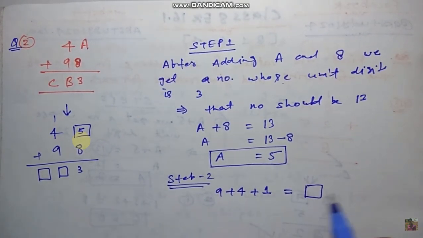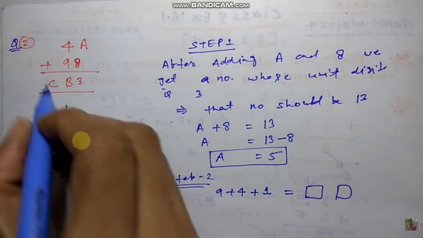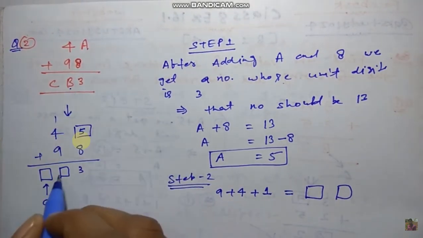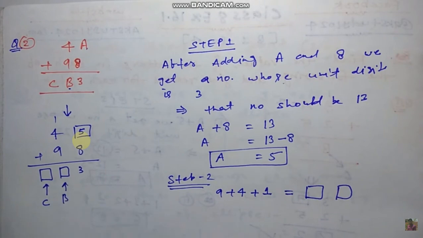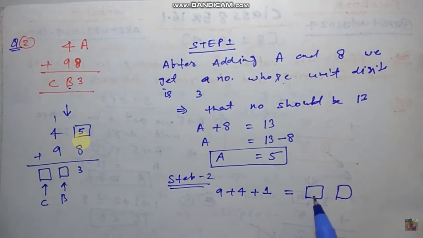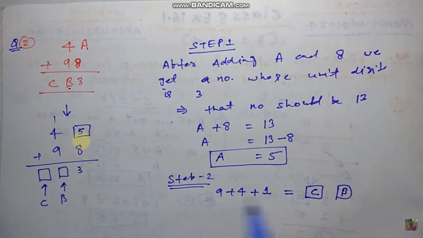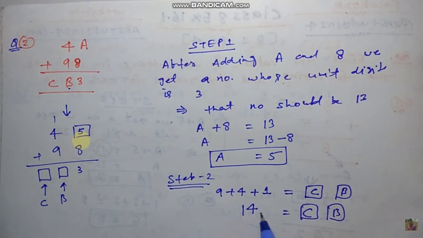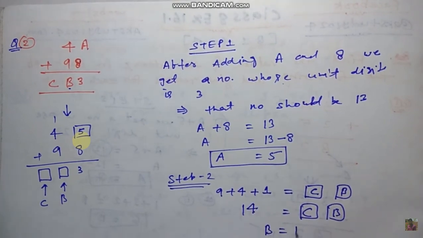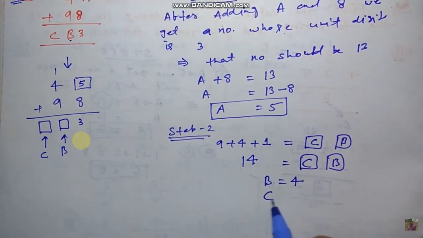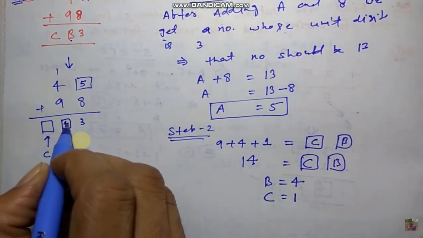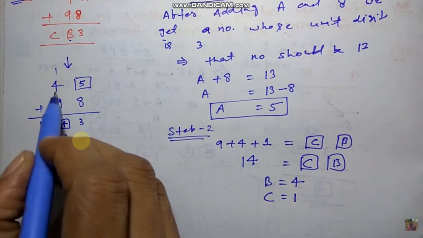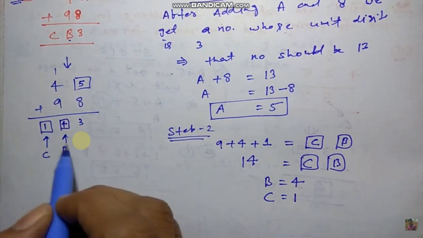We want to find out C and B. When we take A equal to 5, the C and B value comes as 14. So B is equal to 4 and C is equal to 1.